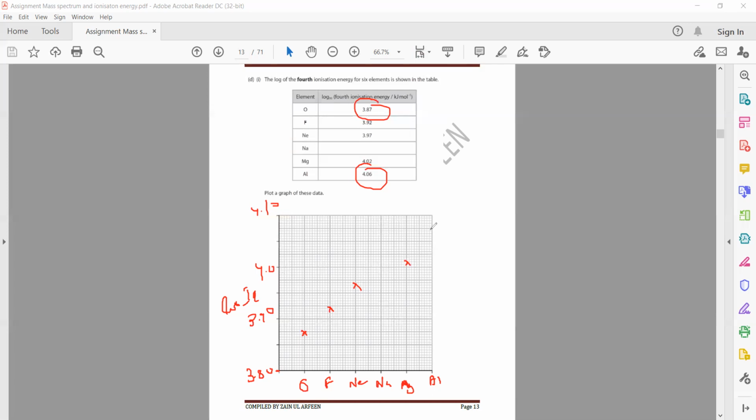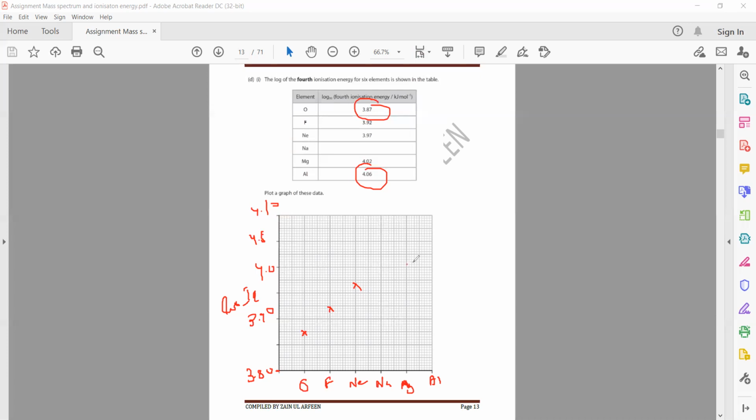And for aluminium it is 4.06. Because this is 4.05, this will be 4.1.